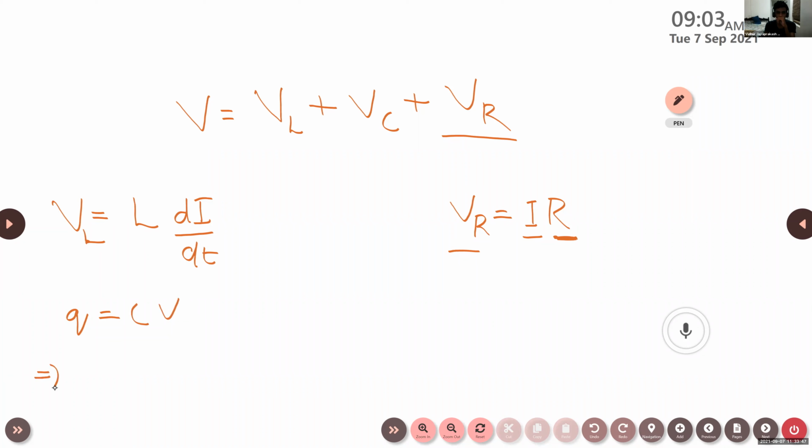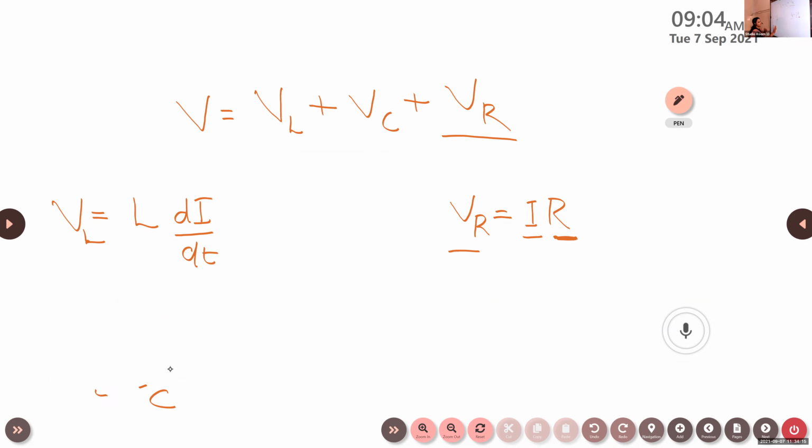So what is the voltage across a capacitor? Q is equal to CV, which implies V is equal to Q by C. So here we get an expression for the voltage developed in a capacitor: VC is equal to Q by C, where C is the capacitance of the capacitor.